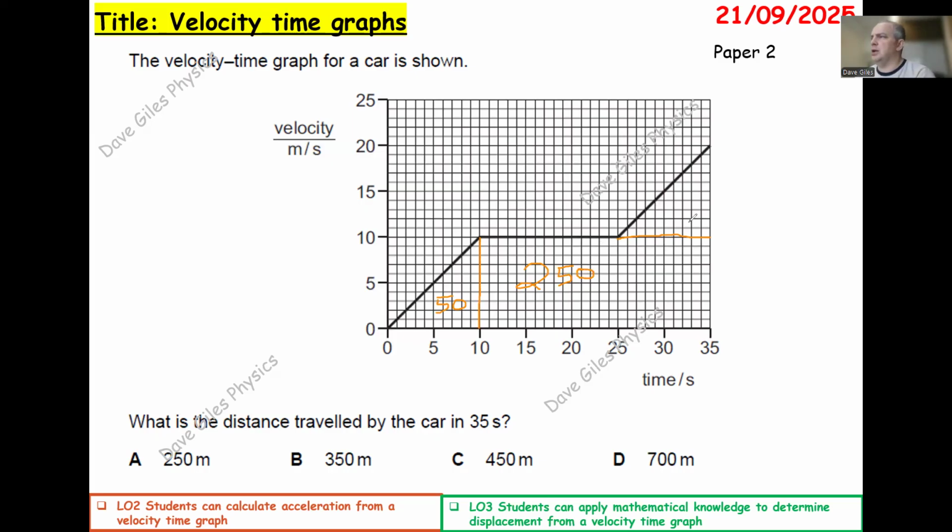And this section here is another triangle. So the base is 10, so half the base, half of 10 is 5, times the height of 10 is 50. So add these up, 50, add 250, add 50 is 350. So the answer is therefore B for this one.